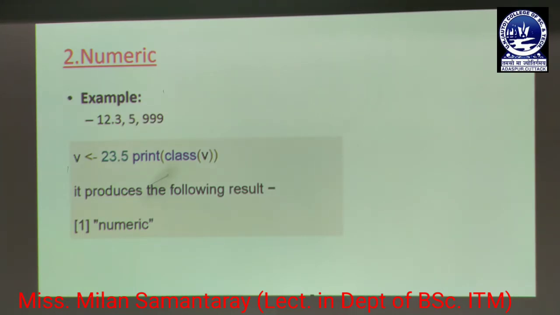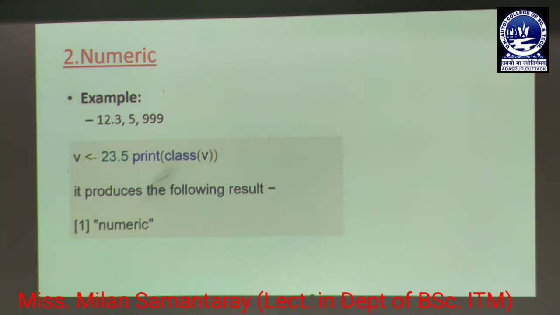Here is our variable V, and we assign V with 23.5. Then we print the content of the variable using the format print(class(V)). It produces the following result: numeric. Here we use class because in the previous slide we discussed that these are called the 6 classes of the vector object.